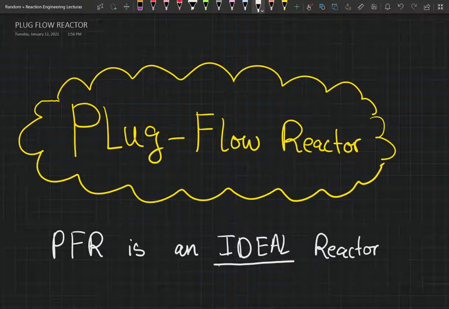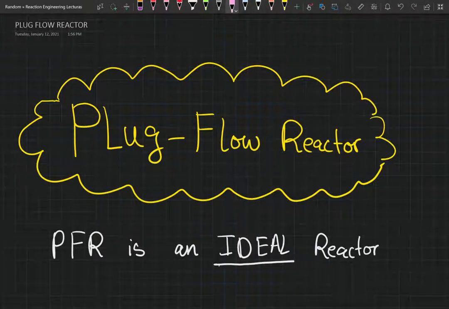Whenever you talk about an ideal reactor, you're talking about the fluid mechanics, the mixing, the velocity profile. The velocity profile is ideal. Most tubular reactors that you're going to find in industry are going to show some level of non-ideality. Everything is going to show some level of non-ideality, but in order to first start a design, you have to start with something ideal, hence PFR.